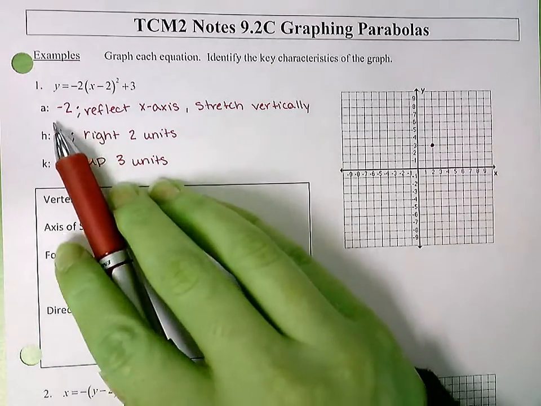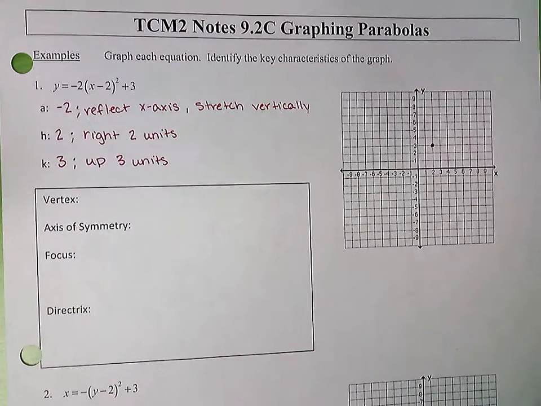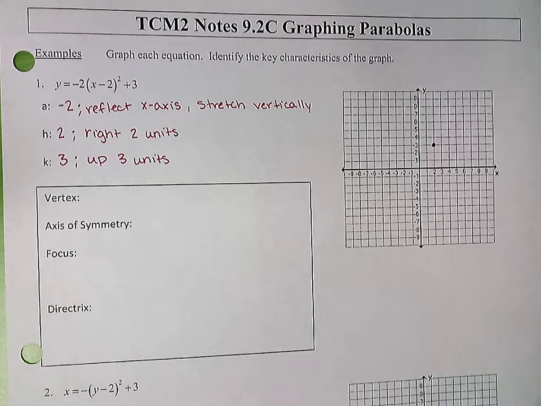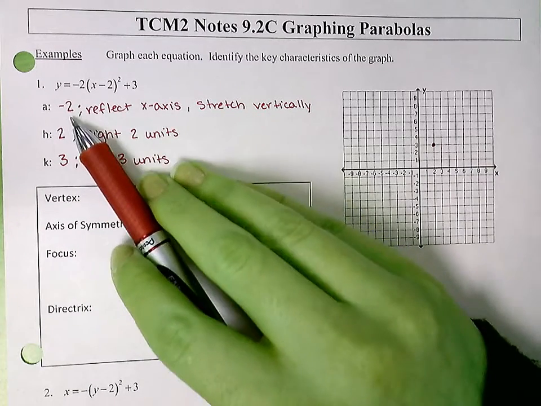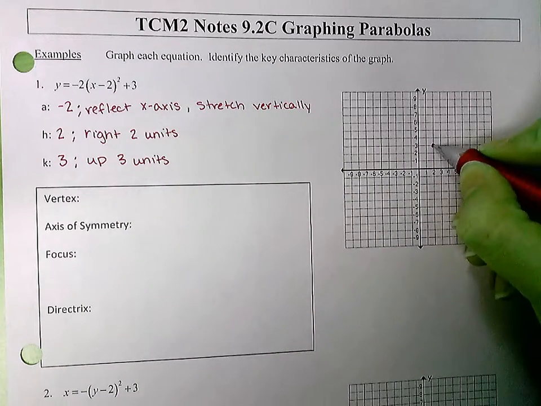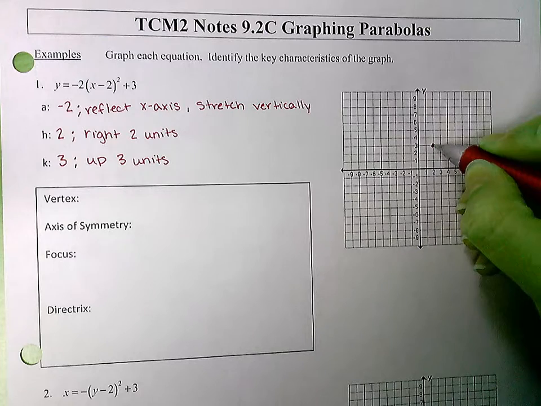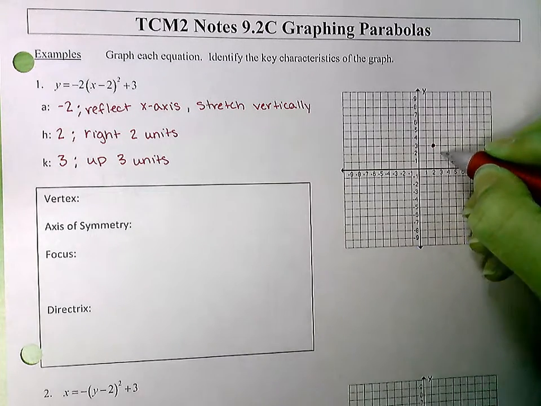Now I want to use this A value. So that negative means it's reflecting over the x-axis. So since it's negative, it's going to open downward. Okay, so instead of it normally opening up, it'll open down since it's negative. That 2 stretches it. So in our parent function, normally you go right 1, up 1, but since we're going down, we're going to go right 1, down 1.